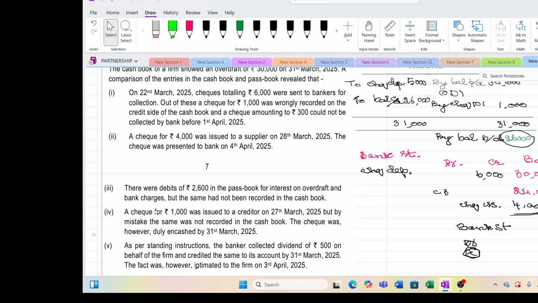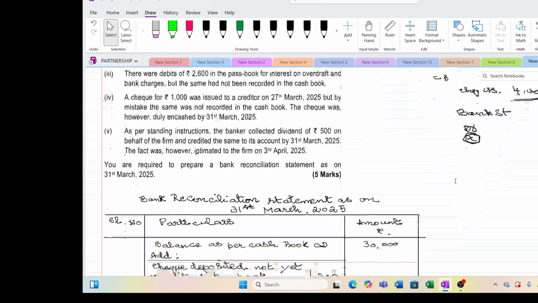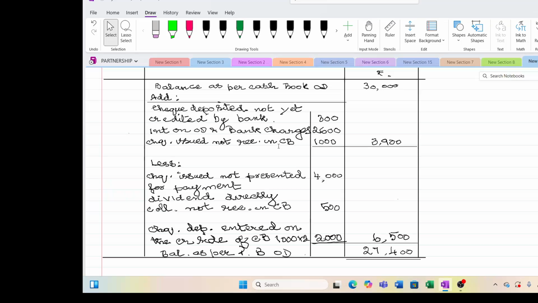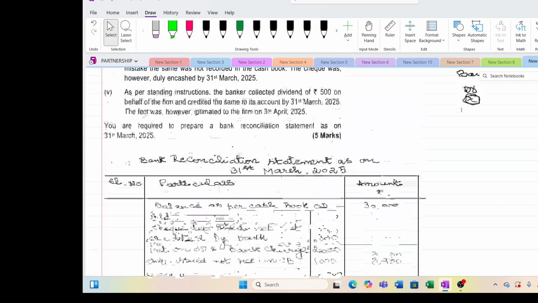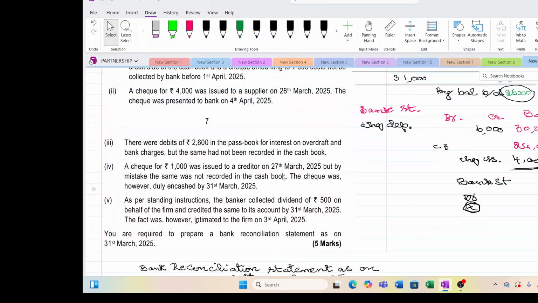This has to be refunded within a year, but along with interest. Okay. So the interest is charged by the bank. So when they charge the interest, they will debit us. So whenever they debit, the overdraft will increase. Okay. So you have to add interest on overdraft and bank charges 2,600.